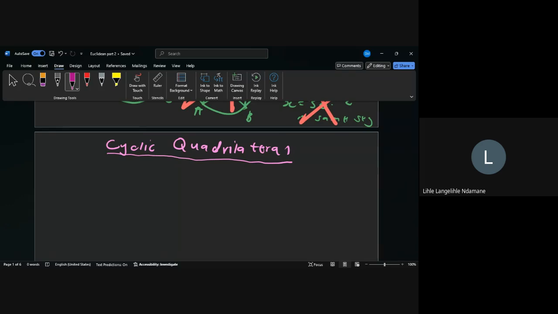Cyclic quads subtend 4 angles in the circumference, and all the points are touching the circumference. Okay, I wanted a simple definition, the simplest one.